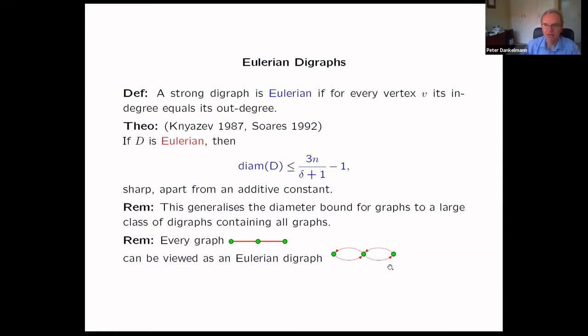I get a digraph that is Eulerian, because the in degree equals the out degree for every vertex: for every edge I put in, there is an edge that goes into a vertex and out of the same vertex again. So if I view every graph as an Eulerian digraph, then this bound that we had a moment ago holds for a large class of digraphs that contains all graphs.